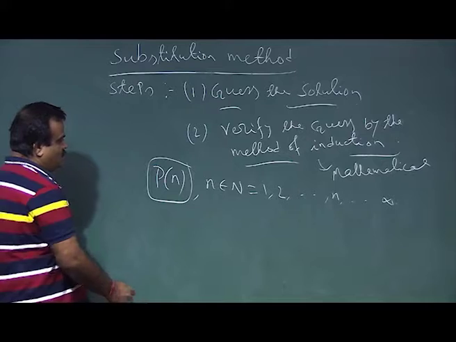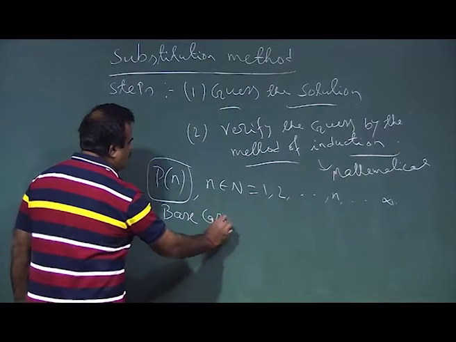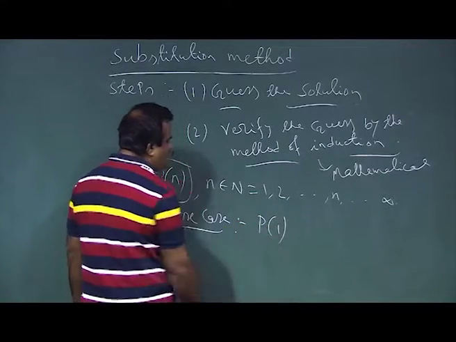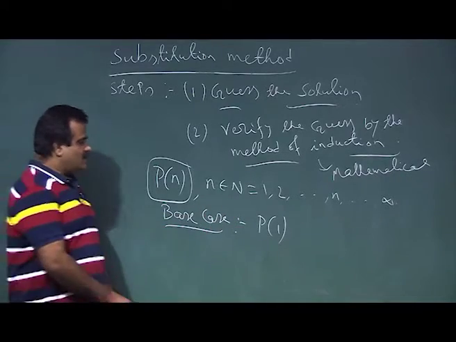For that, mathematical induction says there is a base case. In the base case we prove that it is true for some lower value of n, that is, we prove that P(1) is true.